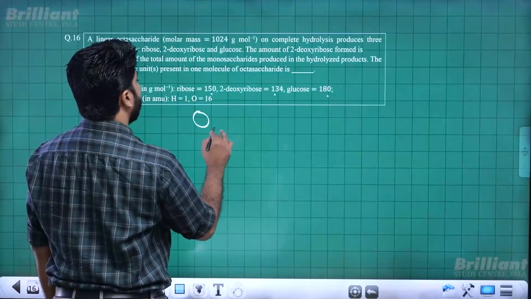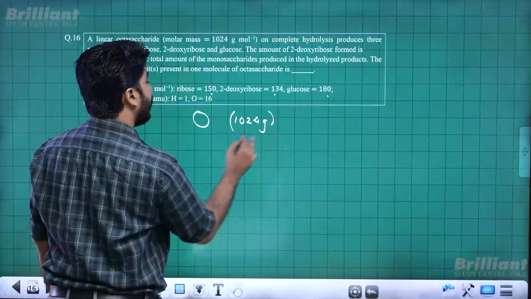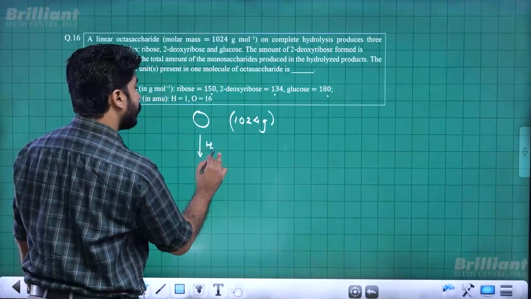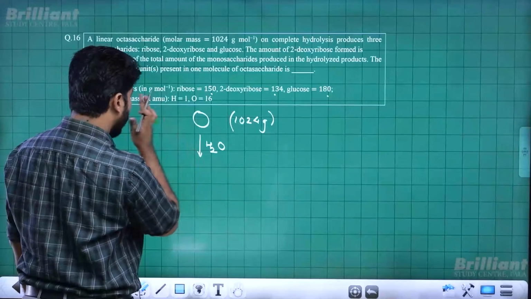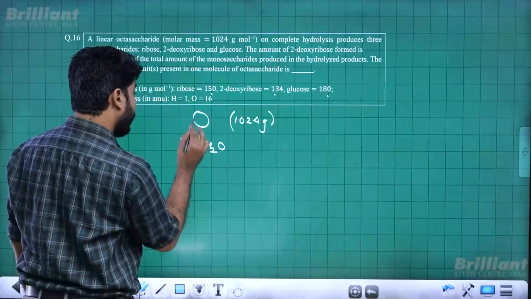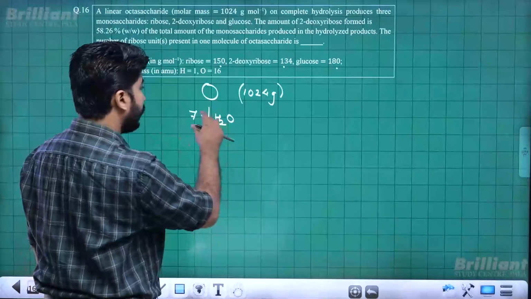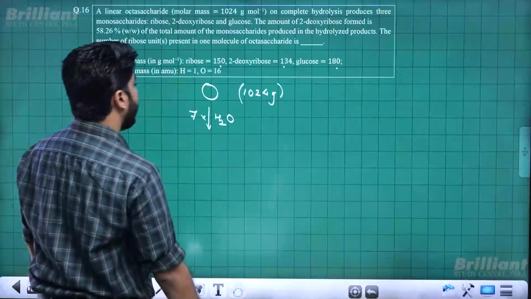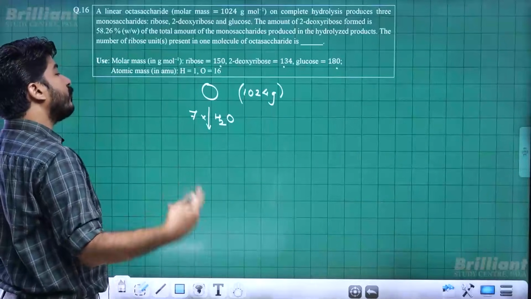let's say O, with mass 1024 grams, and we hydrolyzed it. In hydrolysis we are adding basically 7 H2O molecules. Because this is an octasaccharide, there will be 7 glycosidic linkages, and those glycosidic linkages are getting 7 H2O molecules.